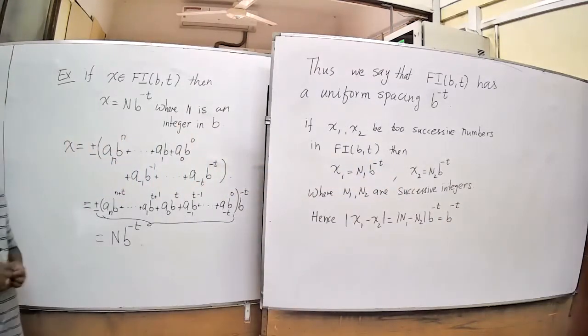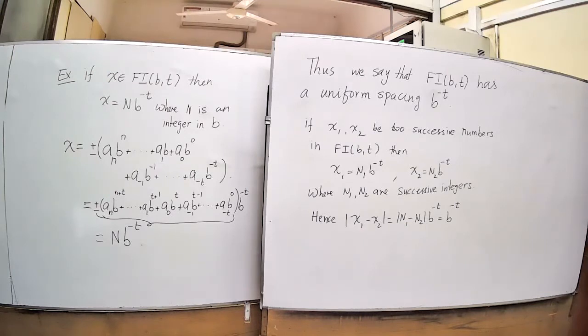The distance between two successive points in the set F(b,t) is given by b to the power minus t. If you take two successive numbers in F(b,t), each of them will have a representation as an integer times b to the power minus t.